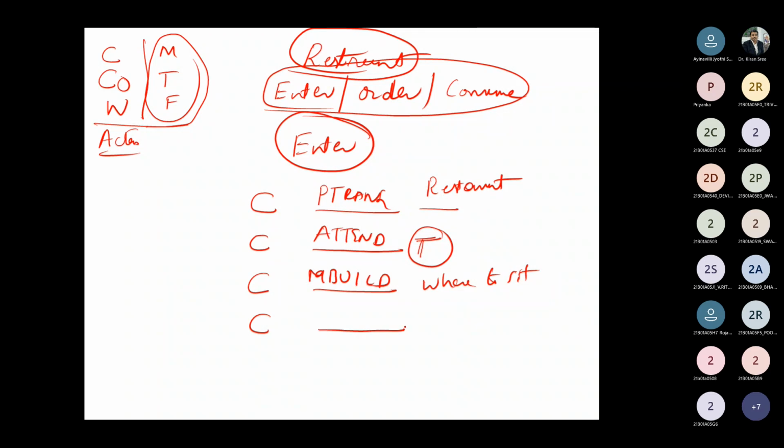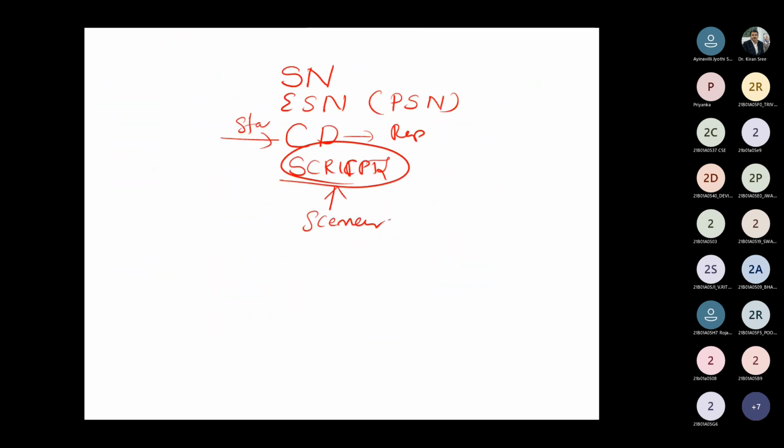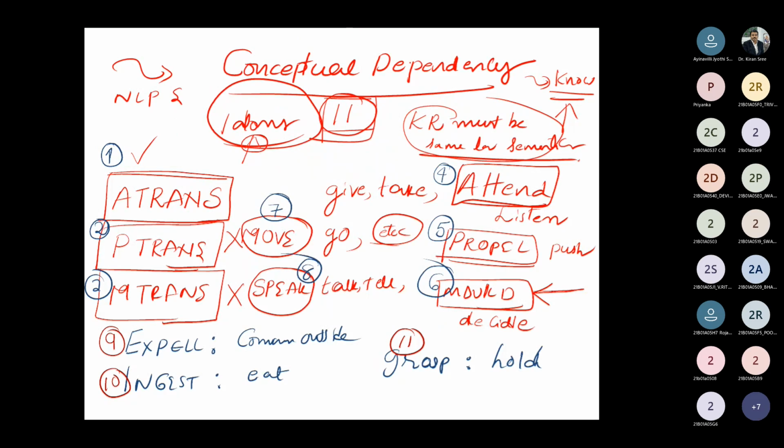See, what is the next thing I have to do? I have focused my stimuli there, and then I have decided to sit there, and then I need to go there. So what primitive do I have to use here? See, I entered into the restaurant, you have used PTRANS. Then I have seen the tables, you said it is ATTEND.